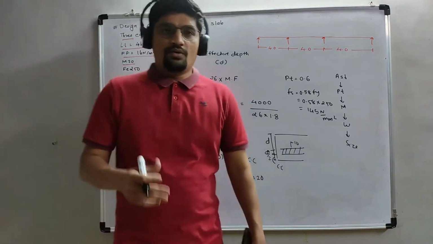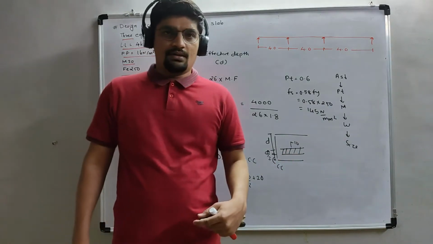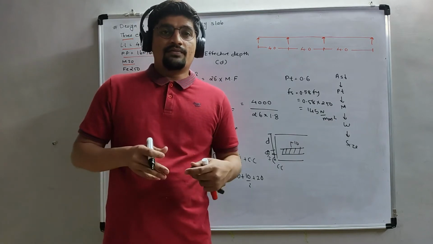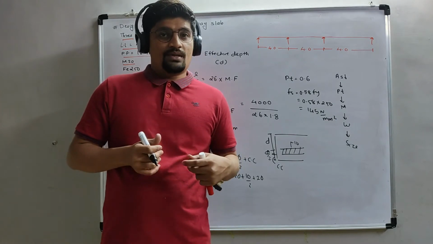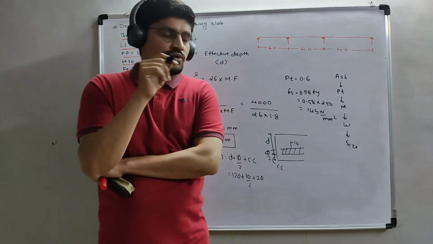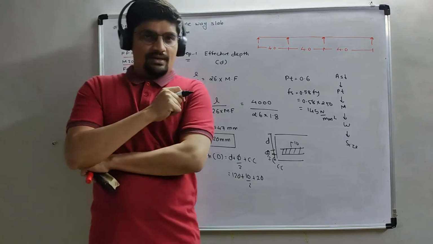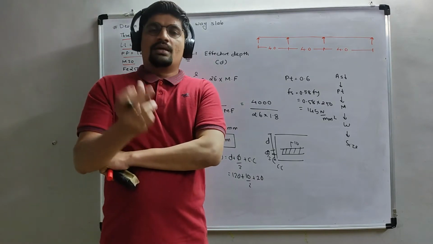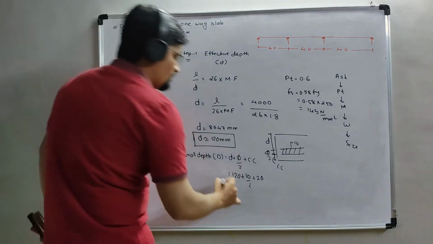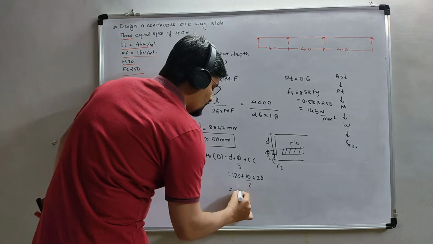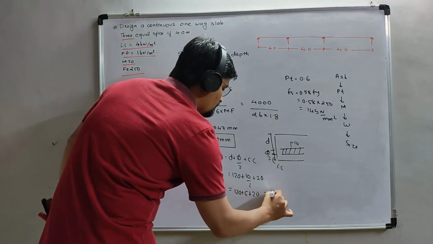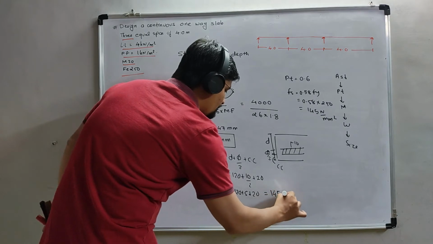Suppose you take a 10 mm diameter here, but after calculating the moment, the possibility of using 10 mm is less. At that time, if you wish to take 8 mm diameter, you don't need to change the overall depth, because the overall depth is selected on the basis of the maximum diameter. So the value will be 120 plus 5 plus 20. So the overall depth is 145 mm.